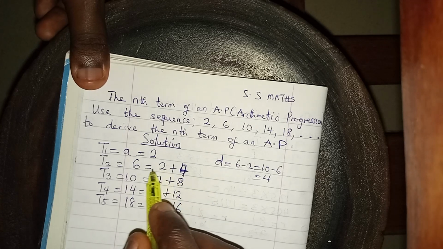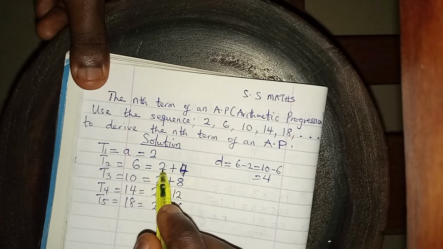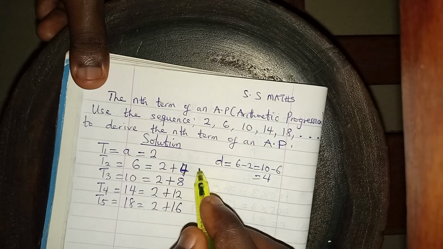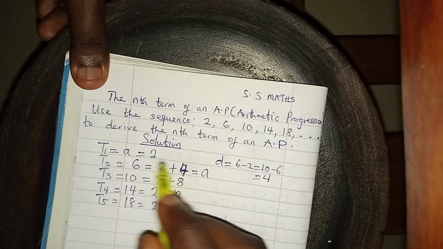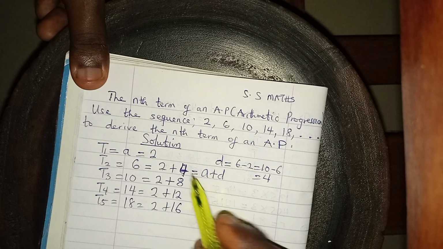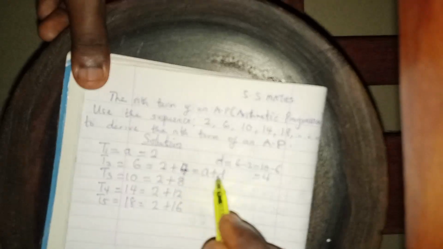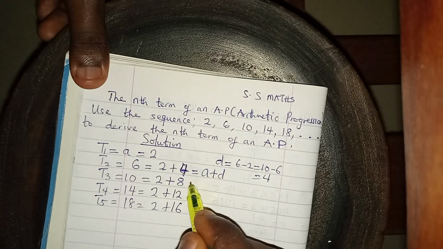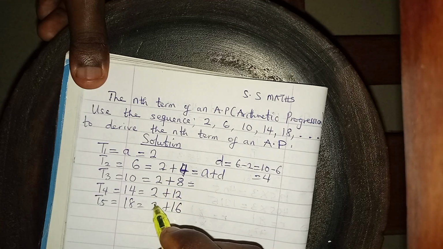So this second term, 2 plus 4, I can say is equal to the first term, let me call it A, plus the common difference D. First term plus common difference gives me the second term. Now you realize that this 2 is A, the first term also.